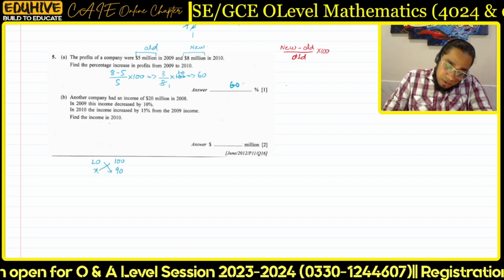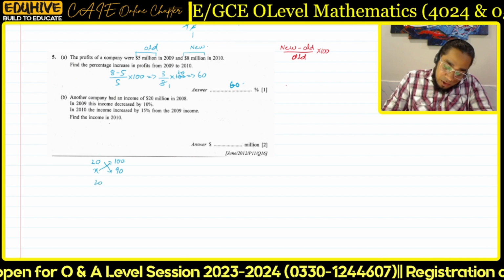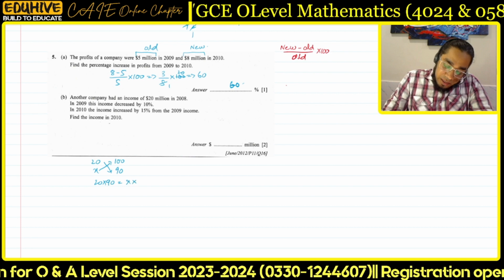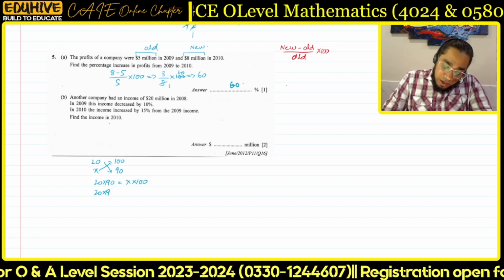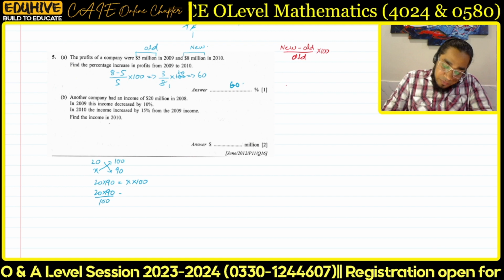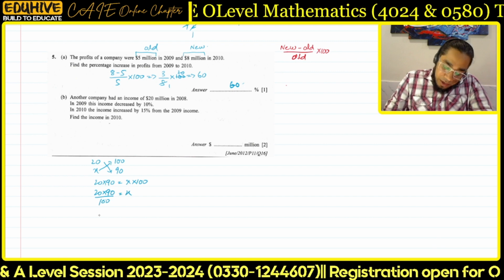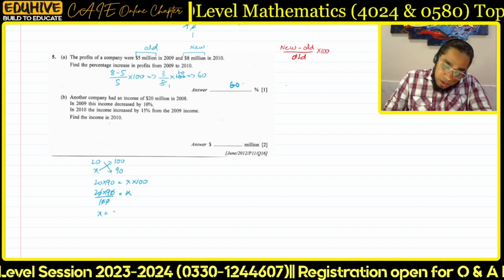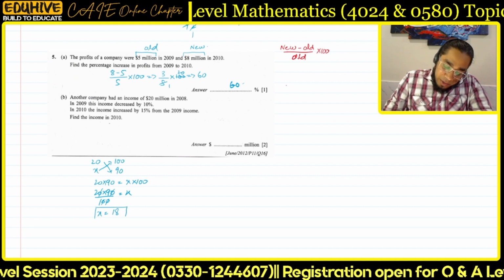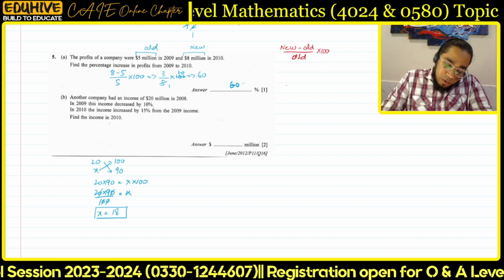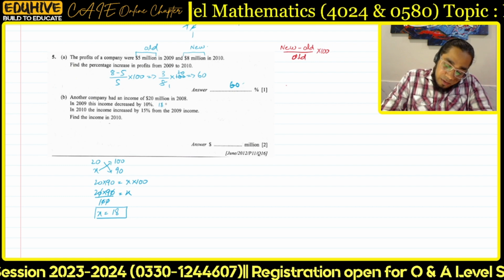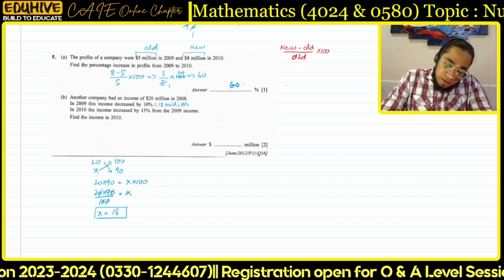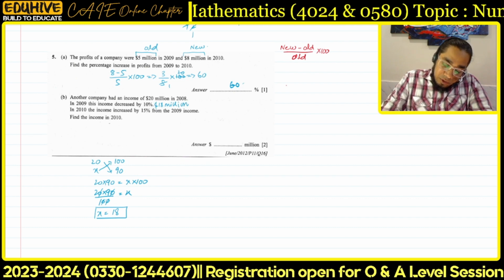So I solve it like this, 20 into 90 is going to be x into 100 over here, and 20 into 90 divided by 100 will give you the answer for 2009. So two zeros will cancel over here, and 2 into 9 becomes 18. So it means that they are going to have 18 million in this particular time, 2009.